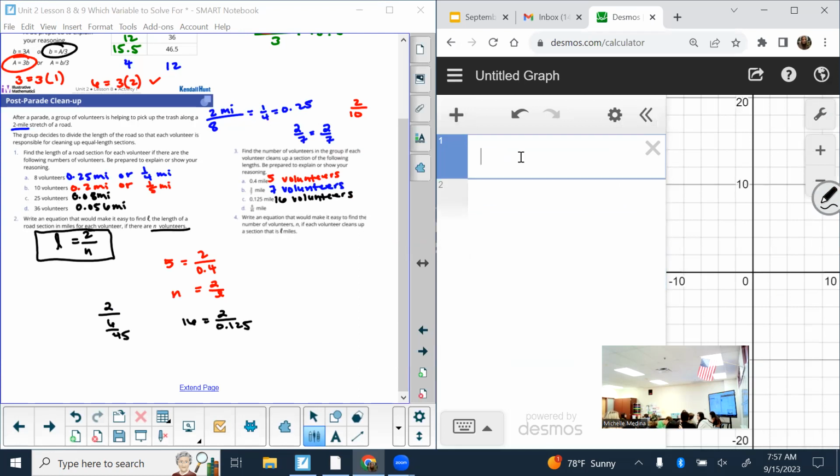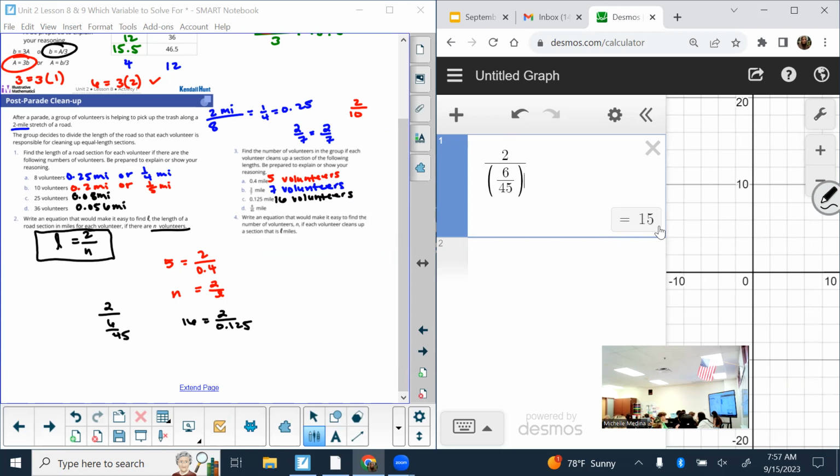If I'm putting it in fraction form, I could use the slash to give me a fraction bar. 2 is on top, and then 6 divided by 45. Usually I recommend you put fractions in parentheses like that, so that your calculator reads it right. And it gives you 15 actually.